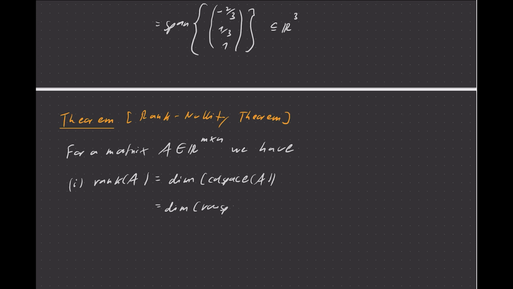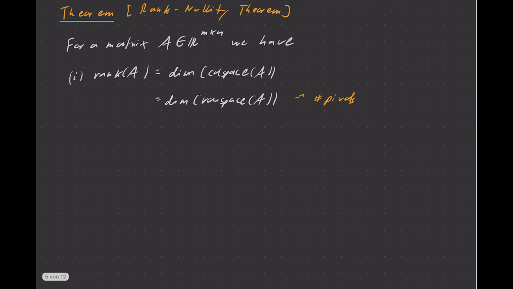Because again, if you look at the rows, the number of pivots gives you the number of linearly independent rows of A. Yeah, so that's exactly the same thing as the number of pivots if we regard A as a coefficient matrix. So row space and column space have the same dimension.